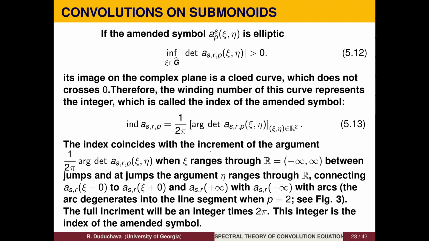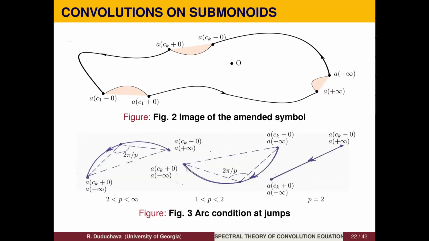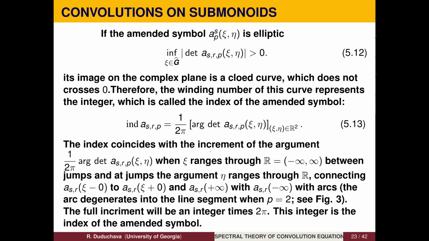If the amended symbol is elliptic, that means that this curve, now the amended curve, does not cross 0. Then we can define the index. It is the winding number of this curve on the complex plane, divided by 2π, the index of this function.